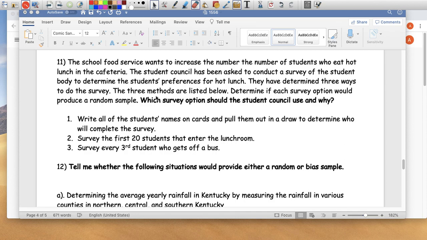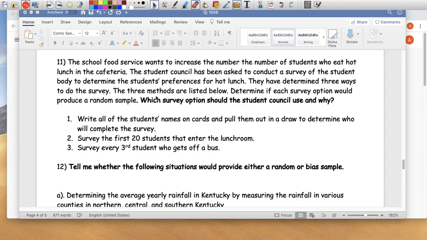So that wouldn't work. Survey every 3rd student who gets off a bus, and again, wrong, because you're selecting from a group here. Only the people who are on a bus, who live in a certain area. Remember, buses are designed so that you pick people from a certain block radius.